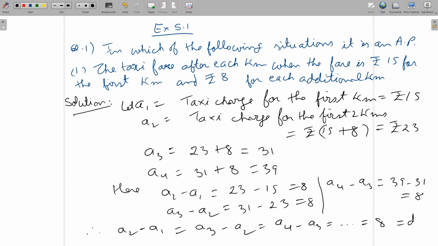Therefore, the given situation is an AP. So this is the answer of the first part.